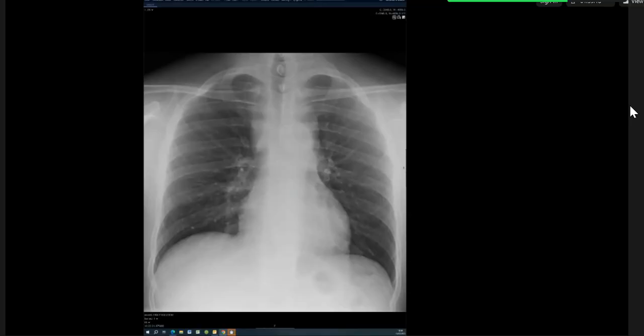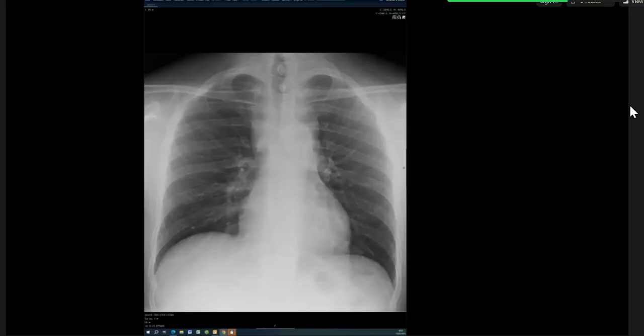Just finishing up my review, I don't see any lobar collapse, no pleural effusion, nothing below the diaphragm. I don't see any destructive bony lesions. So, what's the history? History is weight loss and night sweats.